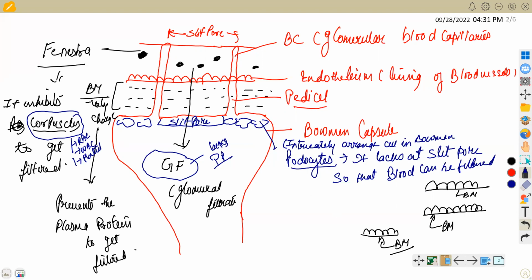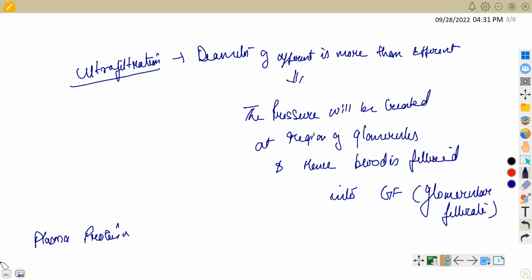So glomerular filtrate is blood minus blood corpuscles, which were hindered by fenestra, and of course minus blood protein, or plasma protein.